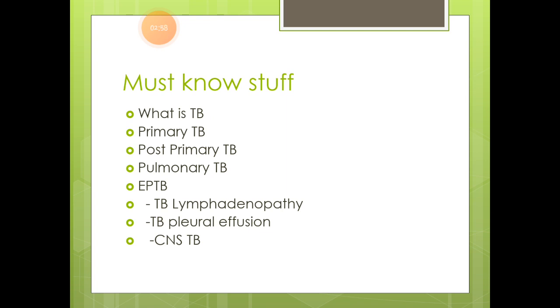So extrapulmonary TB can occur anywhere. There's plenty to study, but out of that I think TB lymphadenopathy, TB pleural effusion, and CNS TB are the most important topics that you should study for the selection exam.